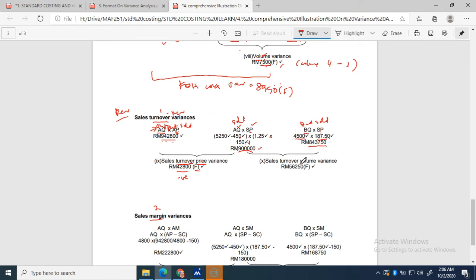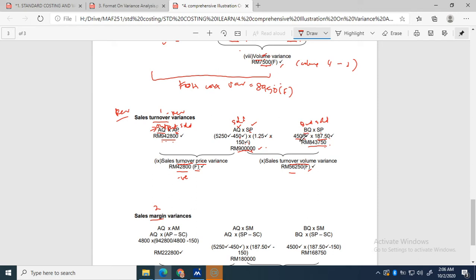To get the turnover volume variance, it is column 3 minus column 2: 843,750 minus 900,000, you get negative 56,250. So negative means favorable for the revenue.